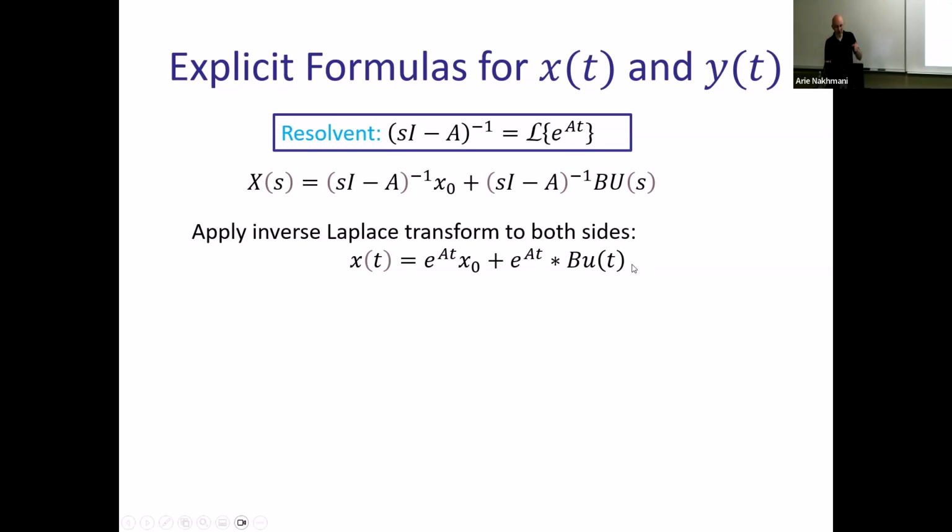Because convolution is transformed into multiplication in the Laplace domain. We've seen that for transfer functions. So it will be the convolution of the inverse Laplace transform of that thing times B, in the same order, times u of t. We have the convolution symbol here. This is the actual explicit solution for x.